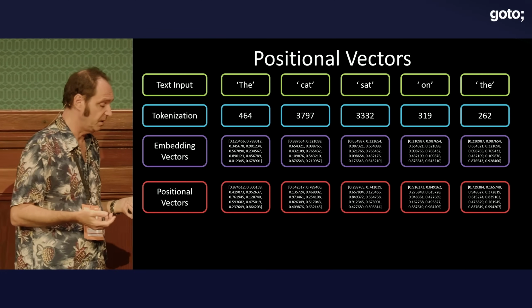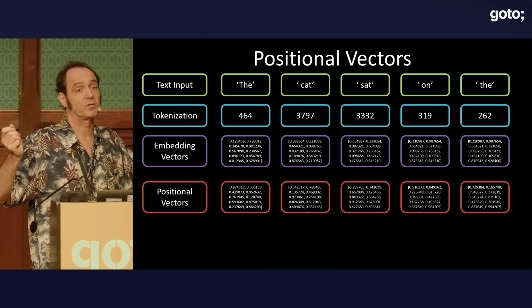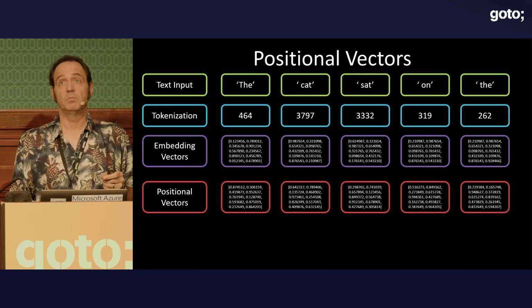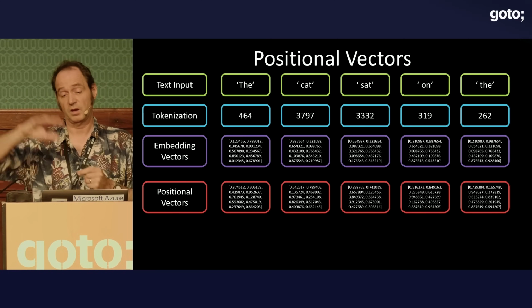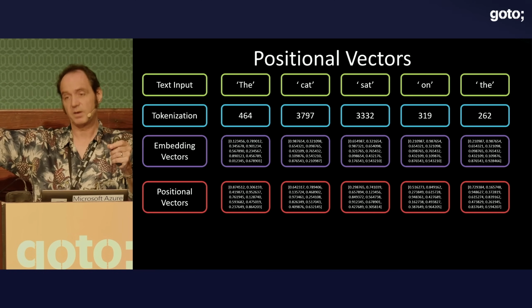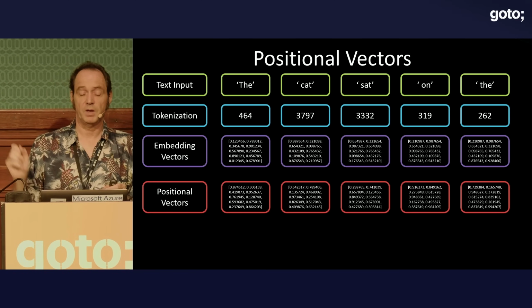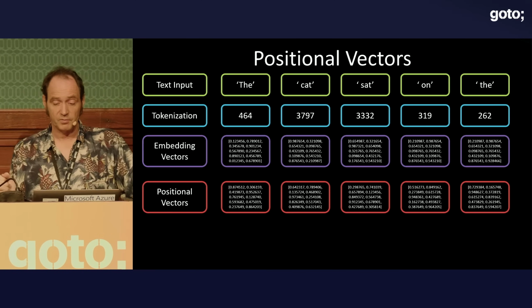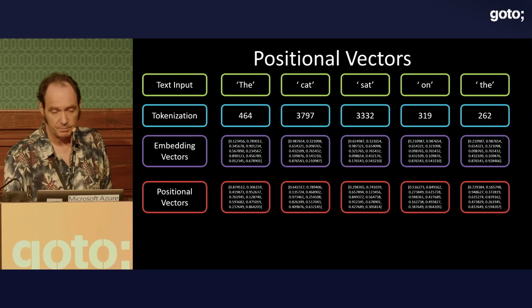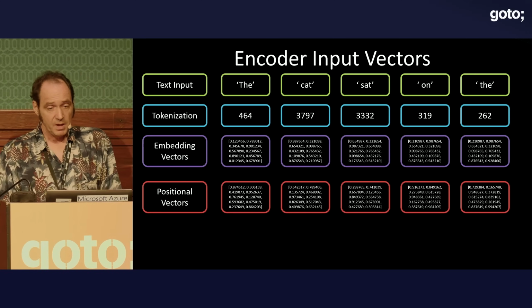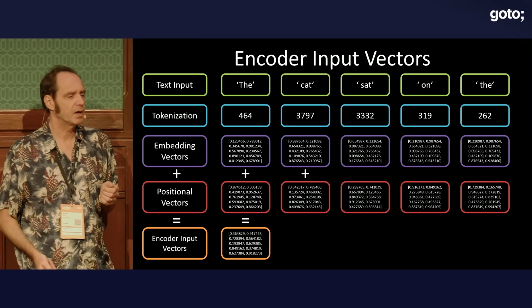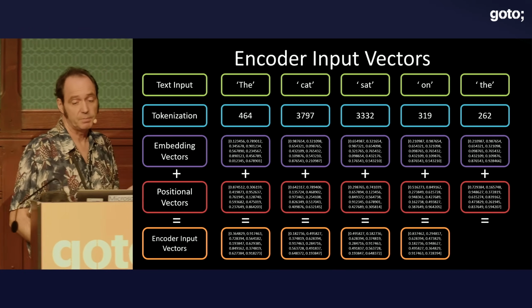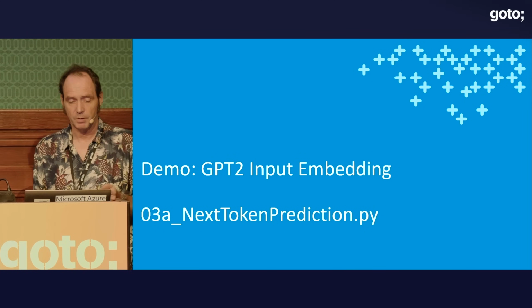They're still going to be 768 dimensions, but they're created not from the actual training data, but using sines and cosines and actual values. So it gives some indication that this position is going to be relevant to this particular token. So we have the positioning information. And then what we do is we add these two together. And that's going to give us the encoder input values that we're going to be feeding into the actual model.